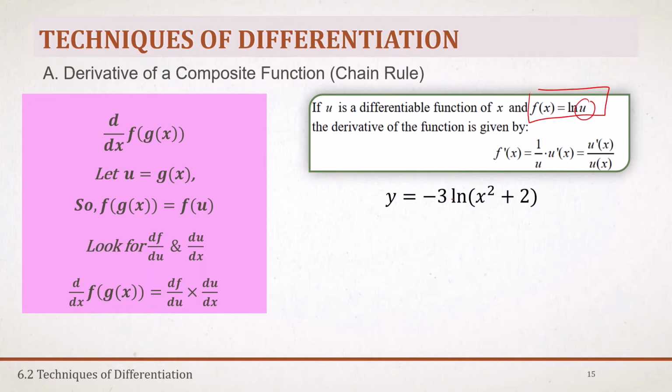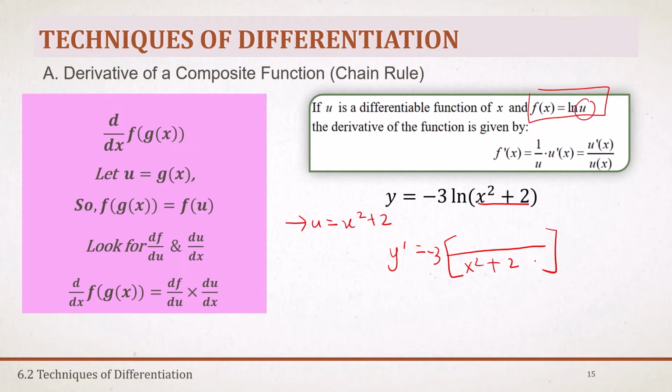So my u over here is x squared plus 2. According to the formula, y prime is going to be 1 over u, going down, x squared plus 2. Don't forget our beloved 3.